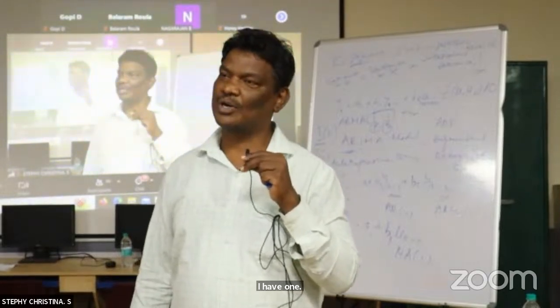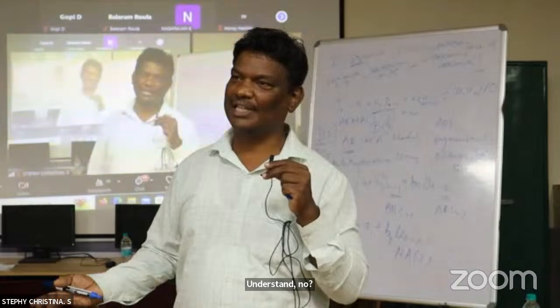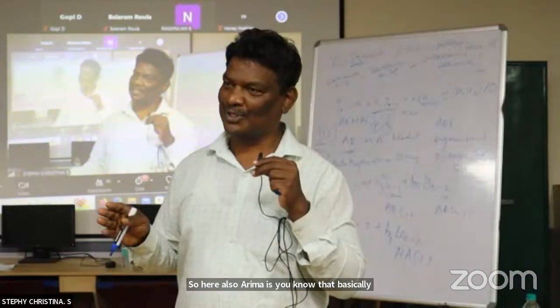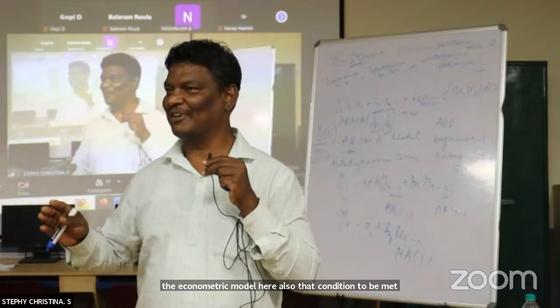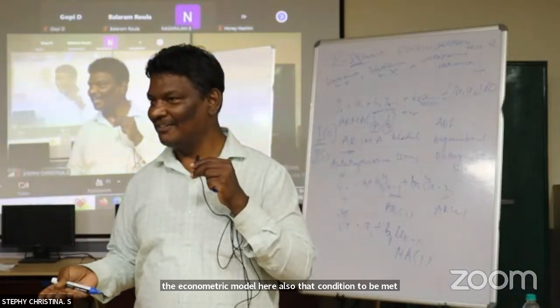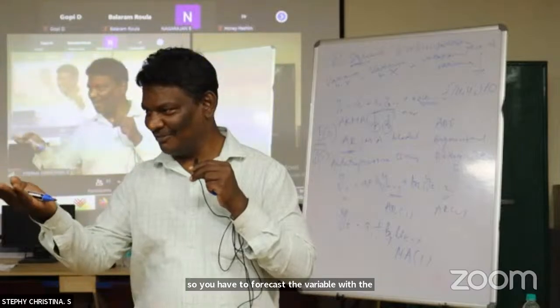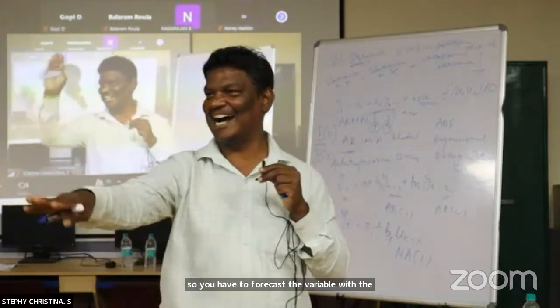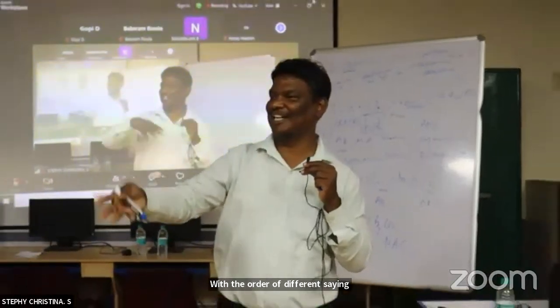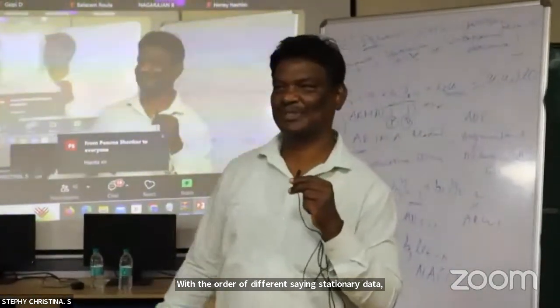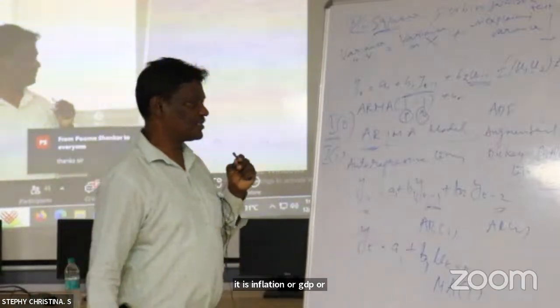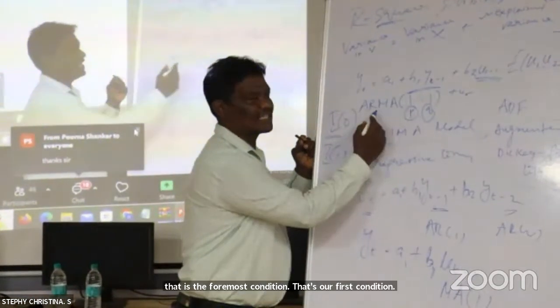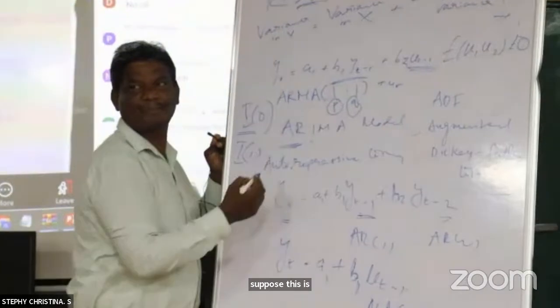So here also, ARIMA, you know that basically ARIMA is the econometric model. Here also that condition has to be met. You have to forecast the variable with the order of differencing, stationarity data, whether it is inflation or GDP. That is the foremost condition, the first condition. Suppose this is ARIMA 1-1.